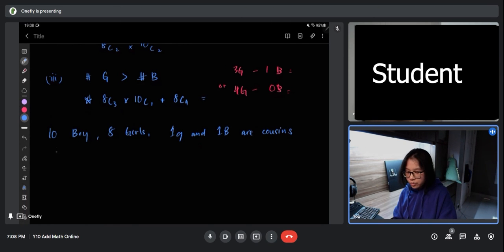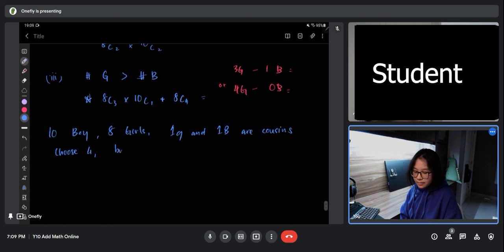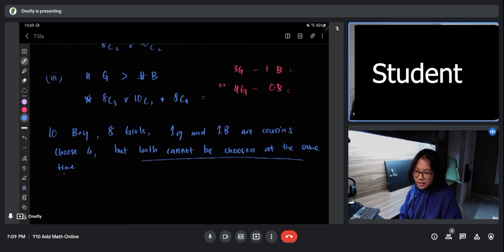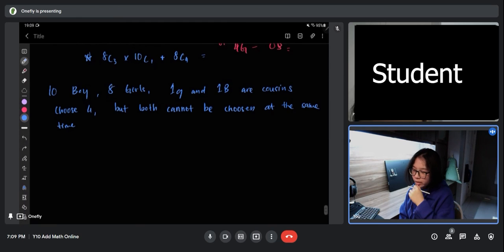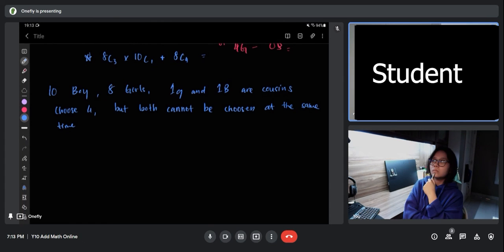Now, you are supposed to, again, choose 4 to participate in some competition, but both cannot be chosen at the same time. It's a short sentence, but it means a lot. So, find total possible combinations to choose the children to participate.